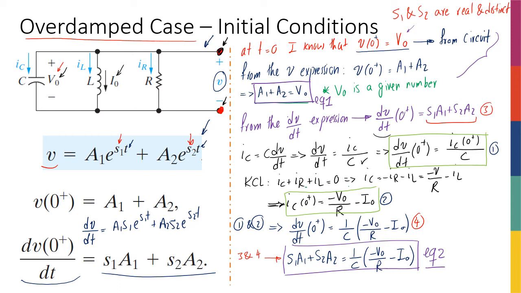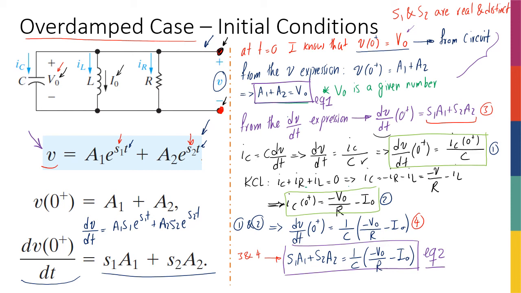Once I have A1 and A2, I'm done. I have found my expression. This was a long way, and it might look a little intimidating, but most of what we did here was just the proof of how to find S1, S2, A1, and A2. Now that we have their expressions, we can always use them in solving examples.